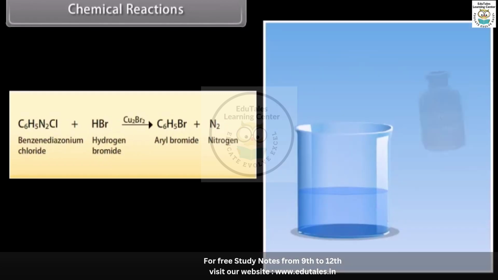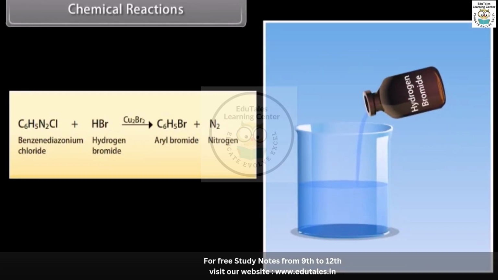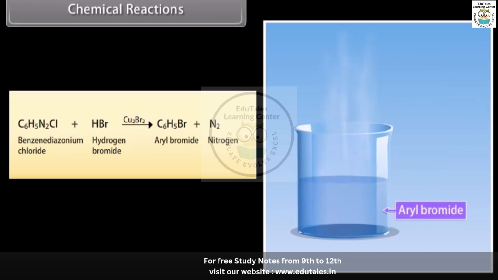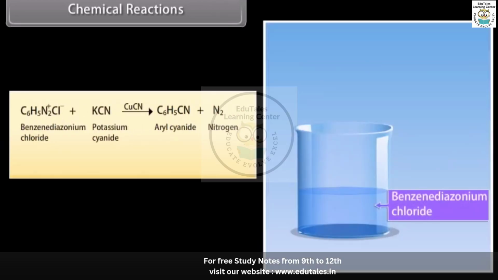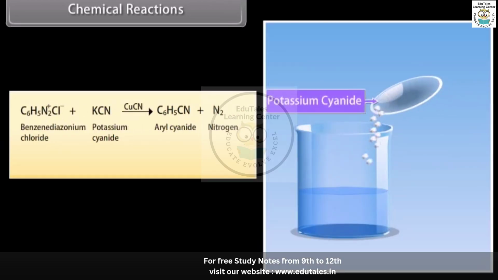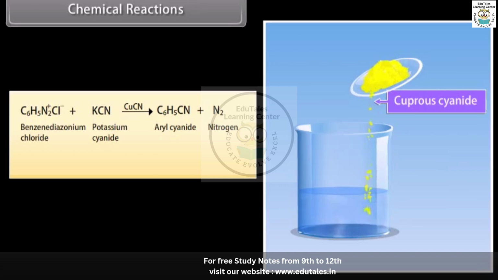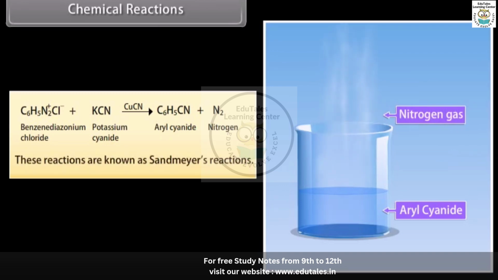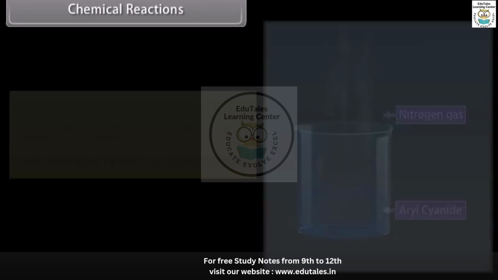It reacts with hydrogen bromide and cuprous bromide to yield aryl bromide, and with potassium cyanide and cuprous cyanide to yield aryl cyanide, evolving nitrogen gas. These reactions are known as Sandmeyer reactions.